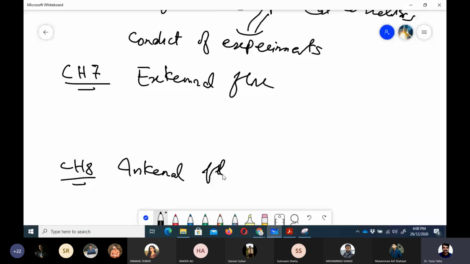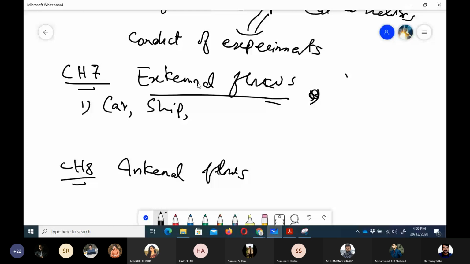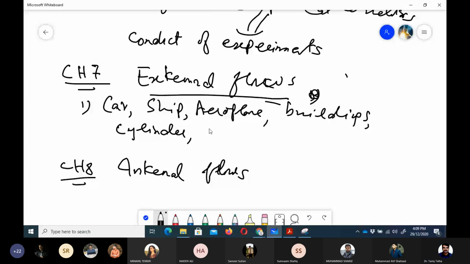Any example of external flow? Any example? Flow over a car, ship, aeroplane, buildings, and what else? Flow over a cylinder, cricket ball, which is a sphere, then tube bank.